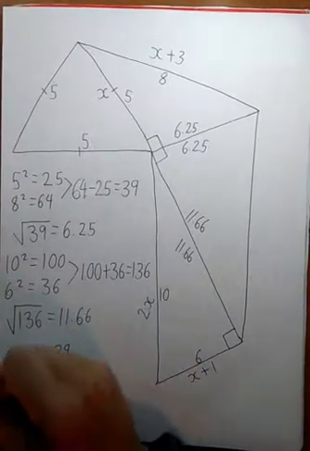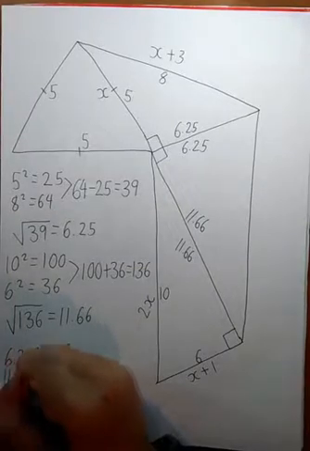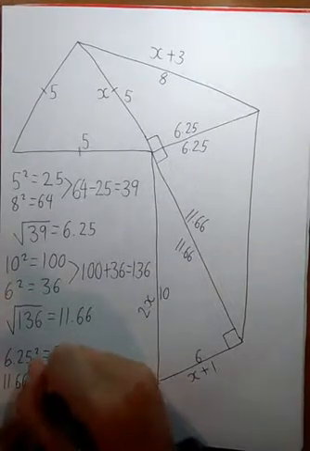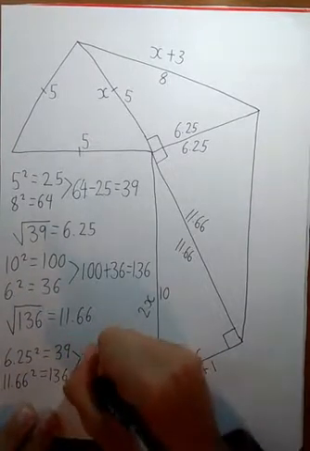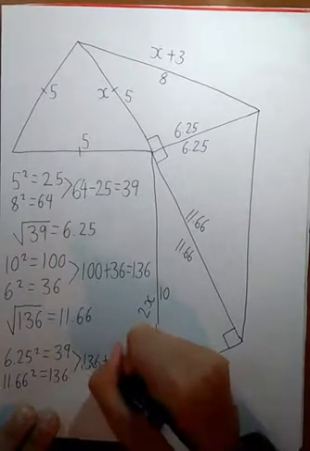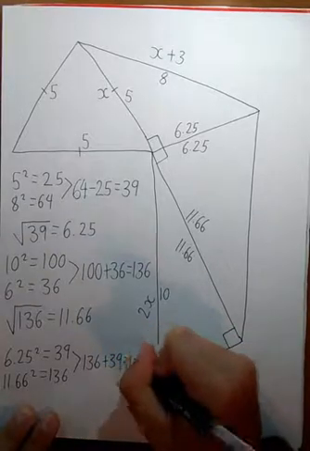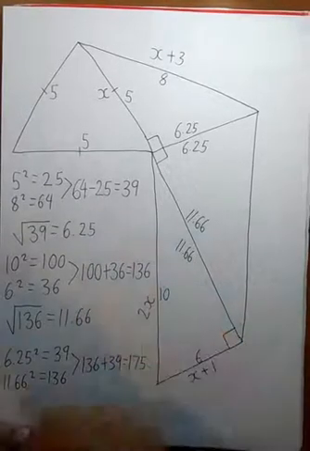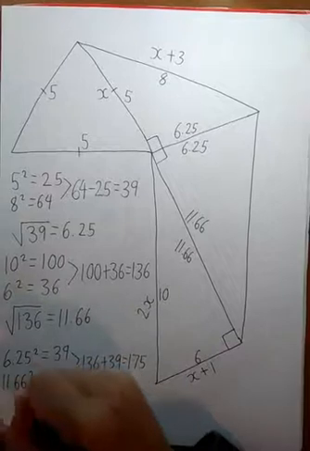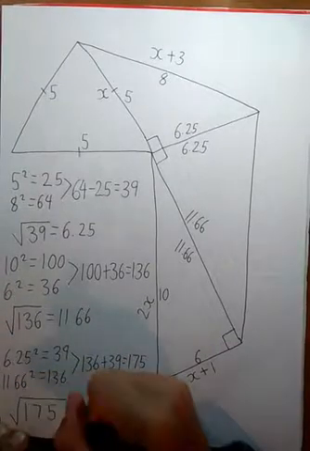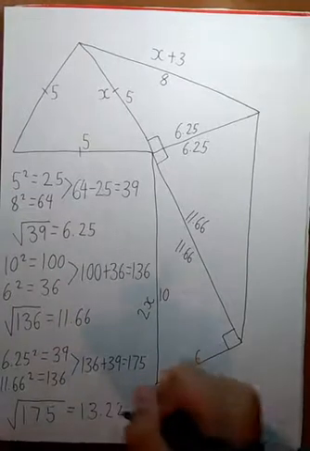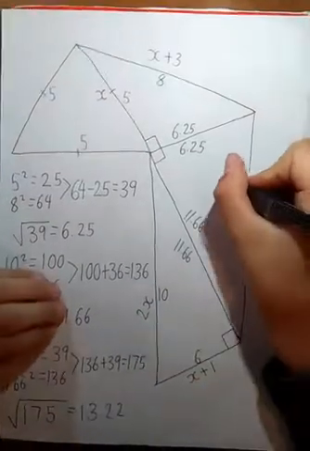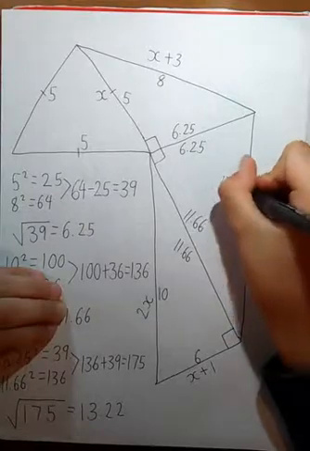And 11.66 squared equals 136. 136 plus 39 equals 175. And the square root of 175 equals 13.22. So we now know that the length of this side is 13.22.